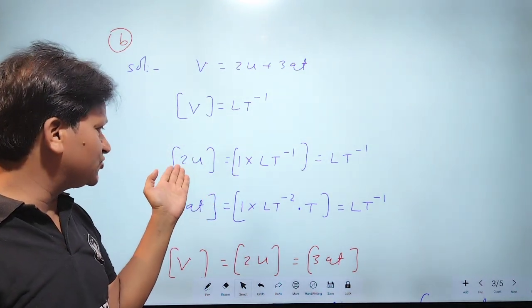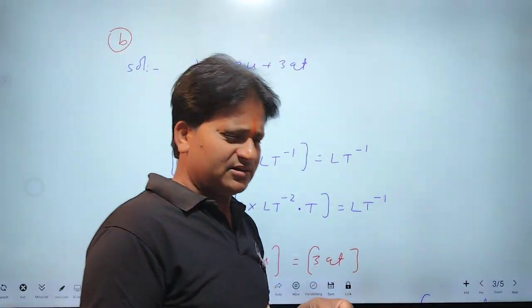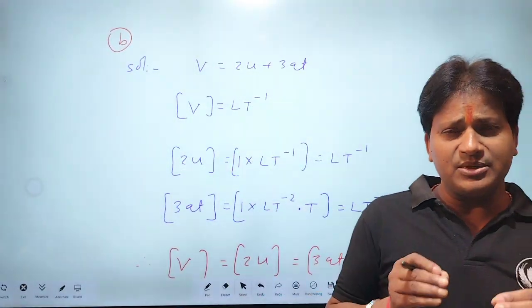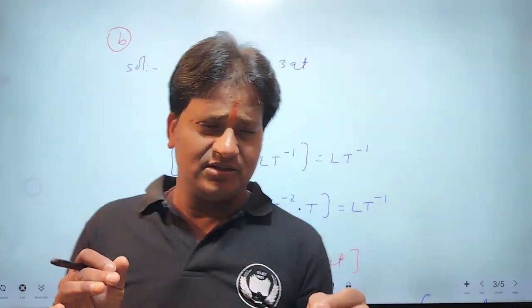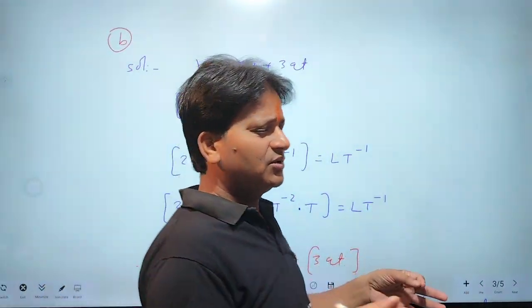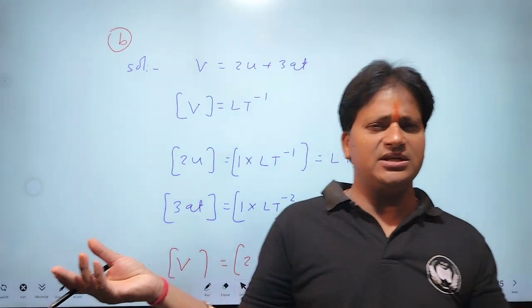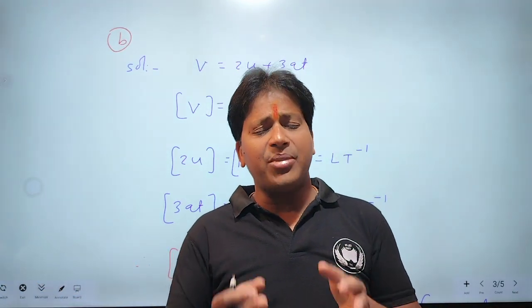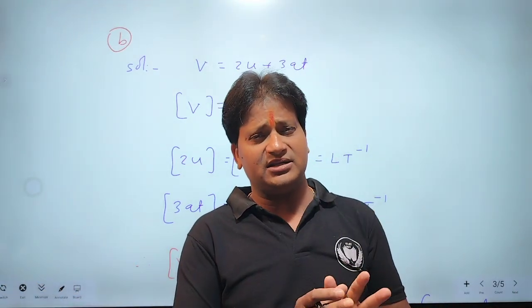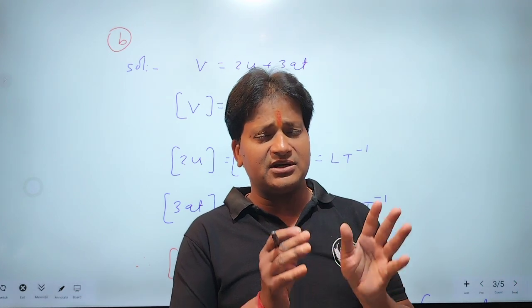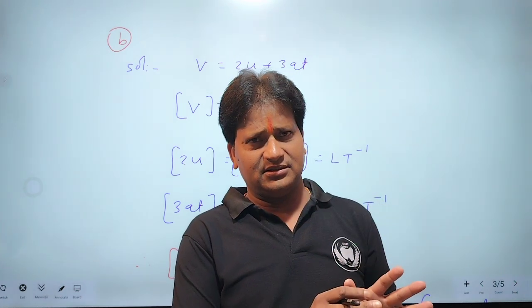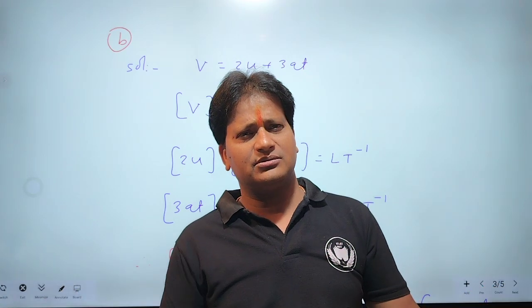This quantity is 2u. 2 is a number. We know that the dimension of any number, 1, 2, 3, 4, will be equal to unity. Unity means the powers of fundamental quantities present will be equal to 0.